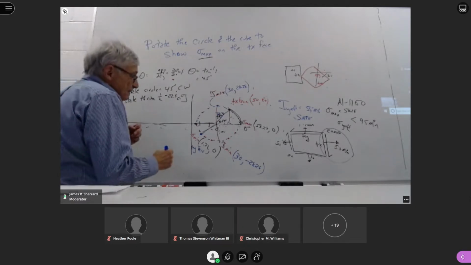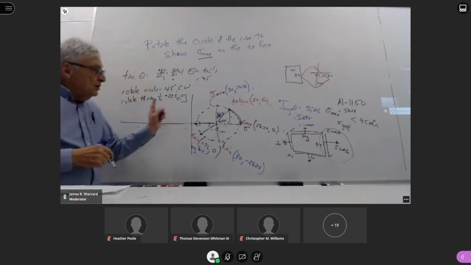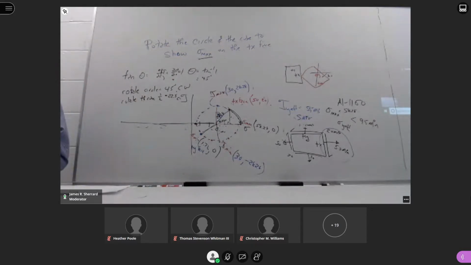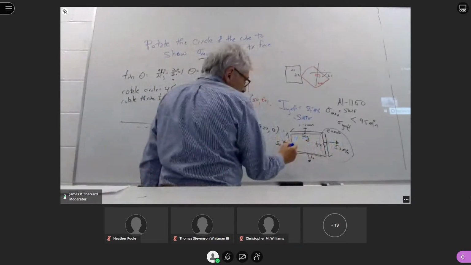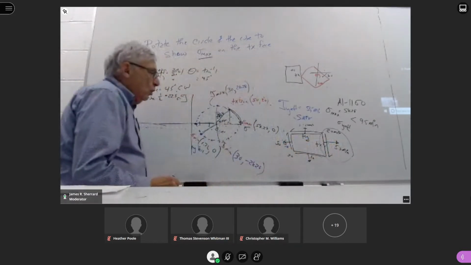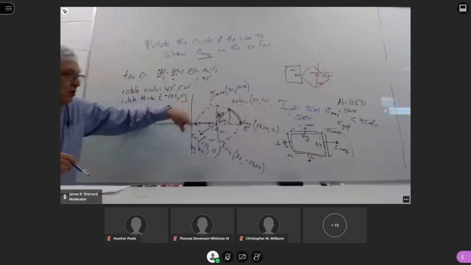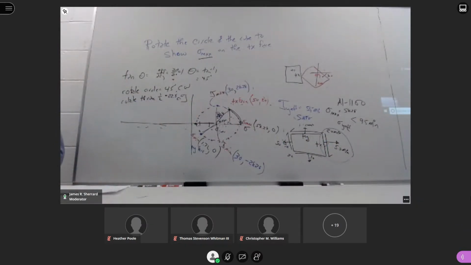If we look at this circle, where is the minus x face? Here it's right here for plus x. Over here, this is the minus x face. Where is the minus x face on my Mohr circle? Anybody?